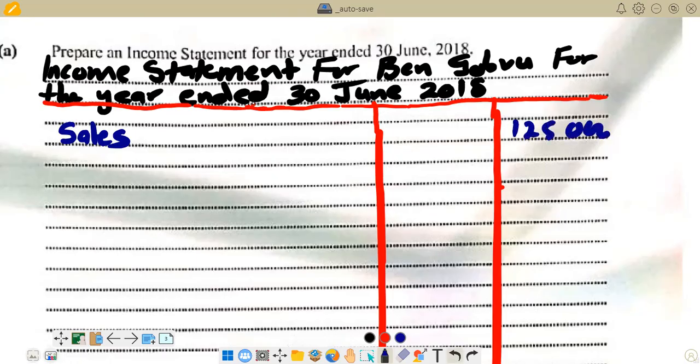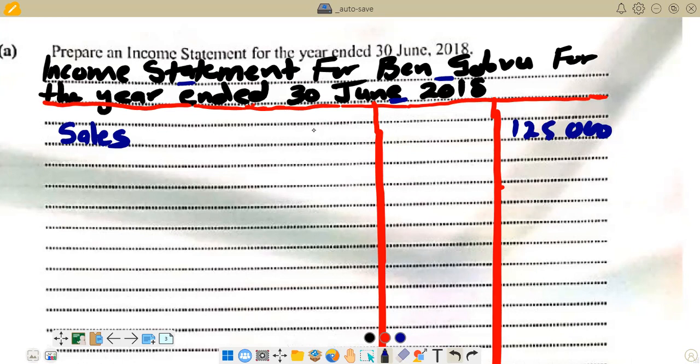Also, let's take note of the heading that we are going to put on the income statement. What is important there, the key areas, is to state what you are preparing. You are preparing an income statement, and state who it's for, Benikobu in this instance, and state where the year is ending, for the year ended 30 June 2018.